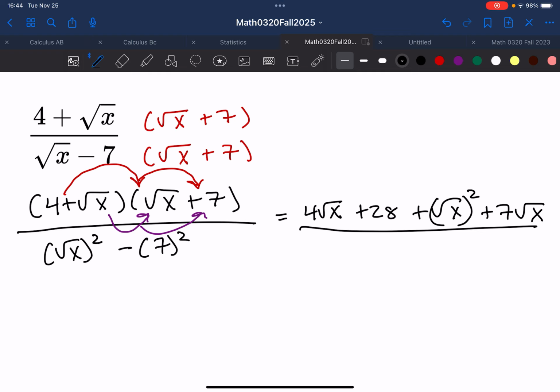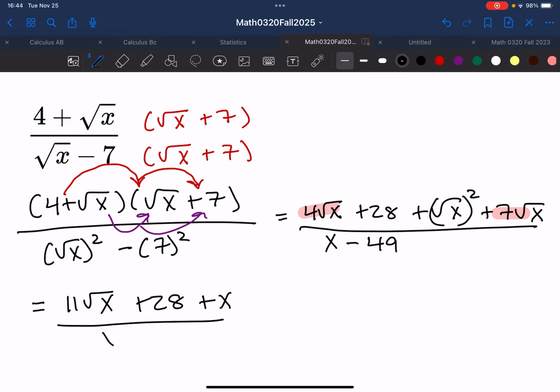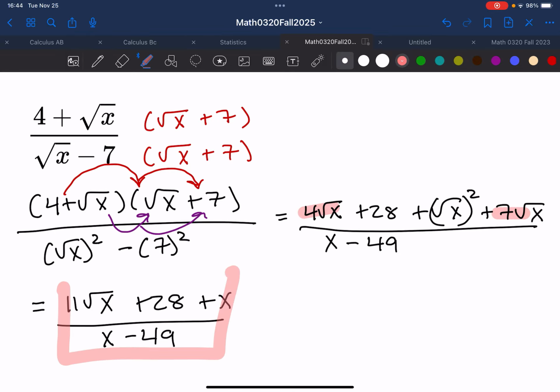Over square root of x squared is x minus 49. So simplifying this further, I have 4 square roots of x and 7 square roots of x, which gives me 11 square roots of x, plus 28 plus x all over x minus 49. And this is my answer.